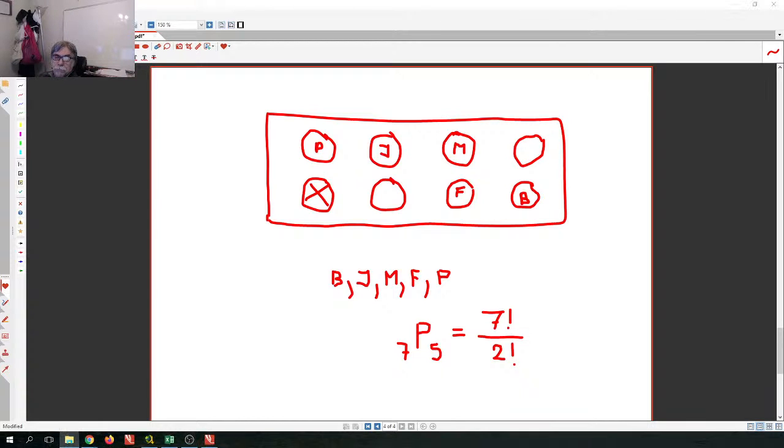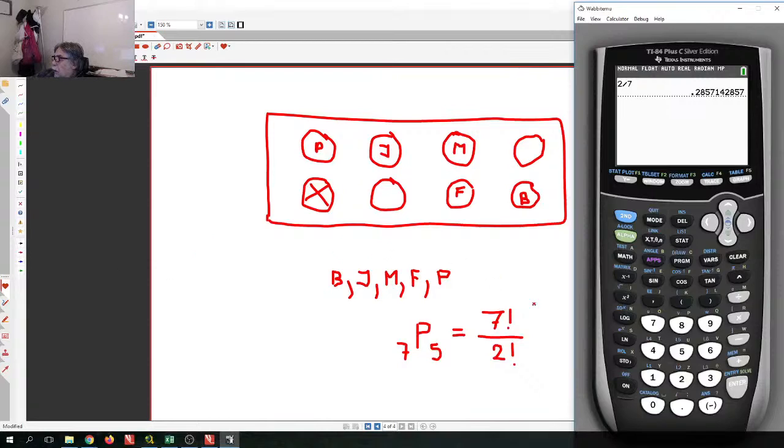Obviously, you can use a calculator, and this is a good place to see the advantage of having a good calculator. If you use a calculator, you enter 7, then you go to math, look for probability, and look for permutations. And now you have to also write 2. 7 choose 2.